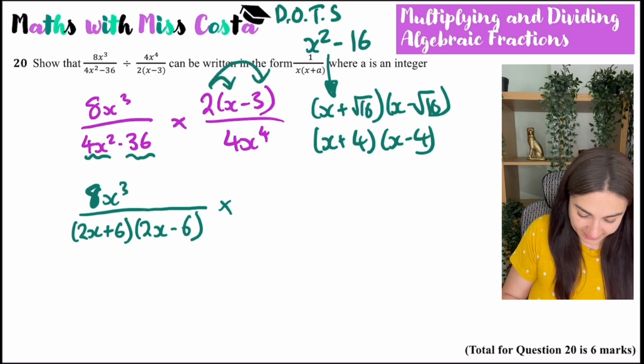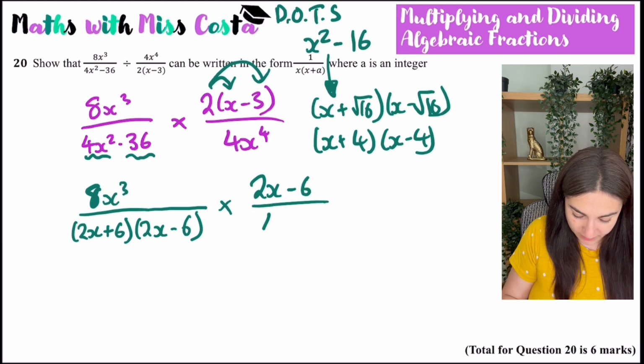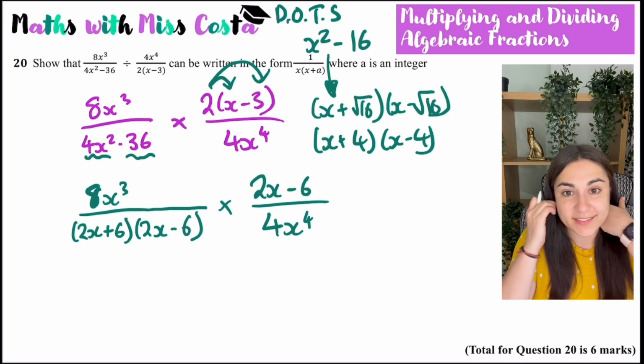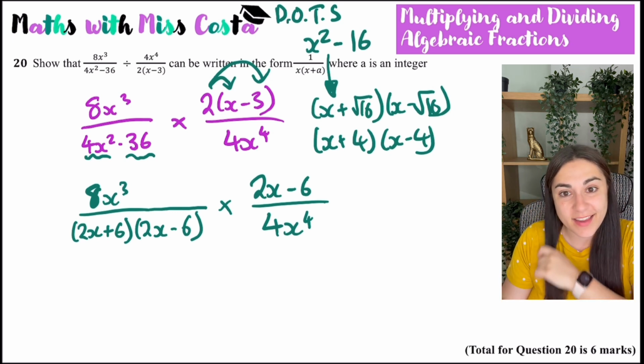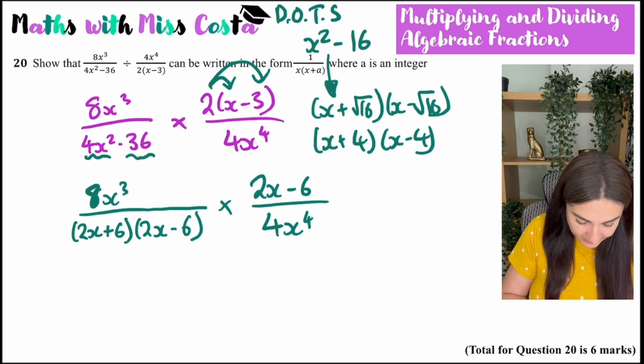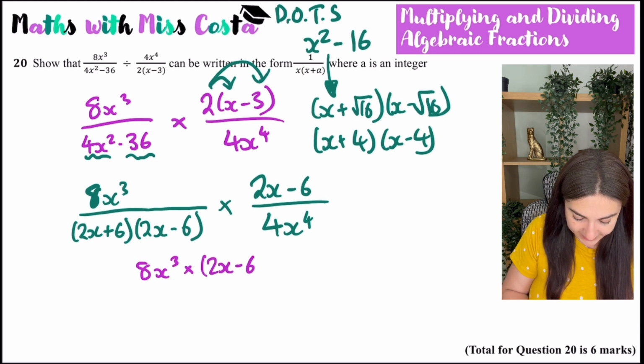So if I expand this, that would be 2x minus 6 over 4x to the power 4. Now remember, when you're multiplying, you just multiply the numerators together and the denominators together. So that would be 8x cubed times 2x minus 6 over 2x plus 6, 2x minus 6.